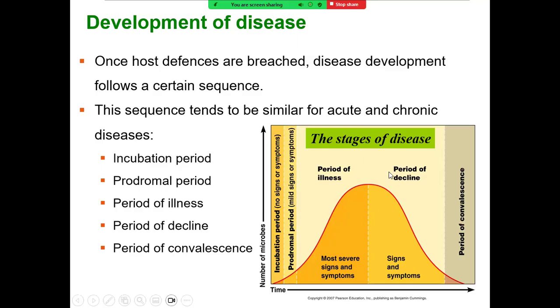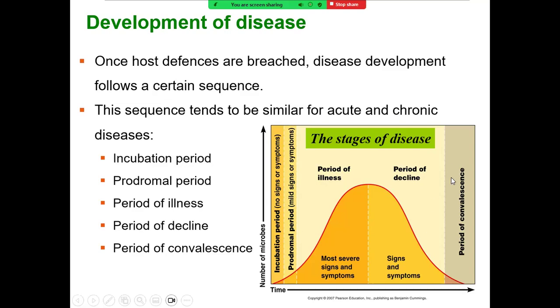Once your signs and symptoms disappear, you've entered the period of convalescence. This is when the number of infective agents in you reaches a threshold below which you no longer have any signs and symptoms of disease. And that's followed by, obviously, your recovery, when you have no infective agents in your system.